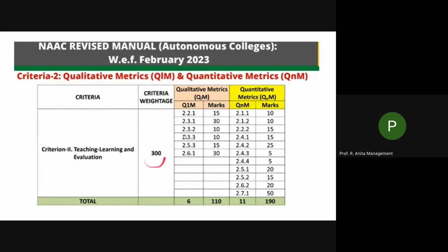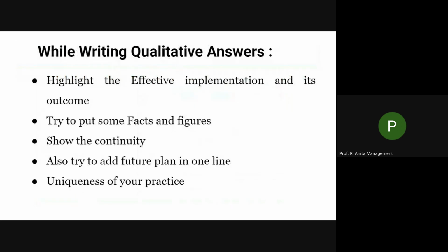Now, for the 300 marks, which is the weightage given for the autonomous colleges, 2.1.1, 2.1.2, 2.2.2 and 4.1, 4.2 under the second criteria, 4.3 and 4.4, 5.1 and 5.2, 6.2 and 7.4. These are the quantitative metrics, as you can see. Let us discuss all these qualitative and quantitative ones one by one. What is it that you need to do under each of these metrics?